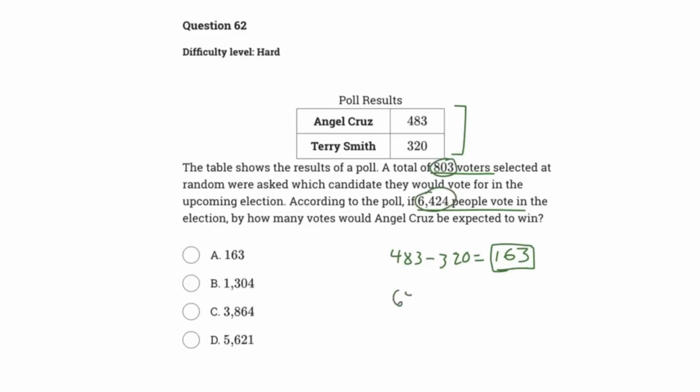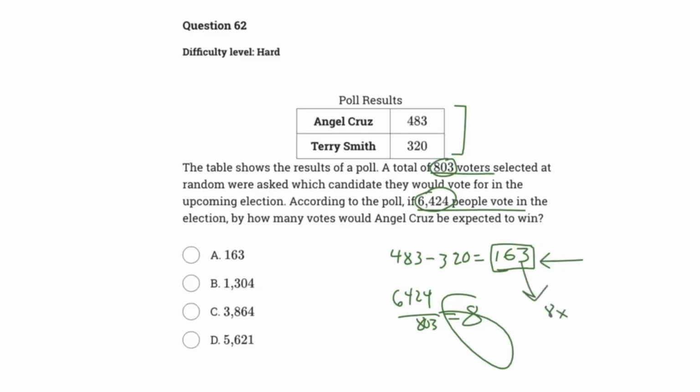So 6,424 over 803 should give us that scale factor, and that's going to be around 8. All right, so if our scale factor is 8, we know that the Angel Cruz wins by 163 votes with just 803 voters. We need to scale this 163 up by 8 times as well.